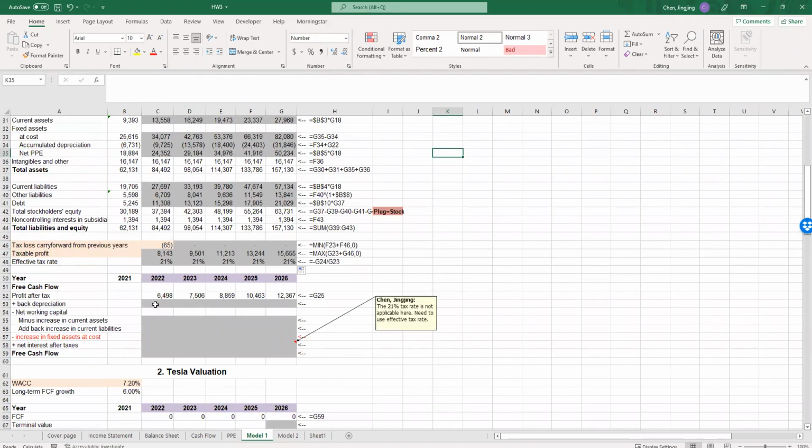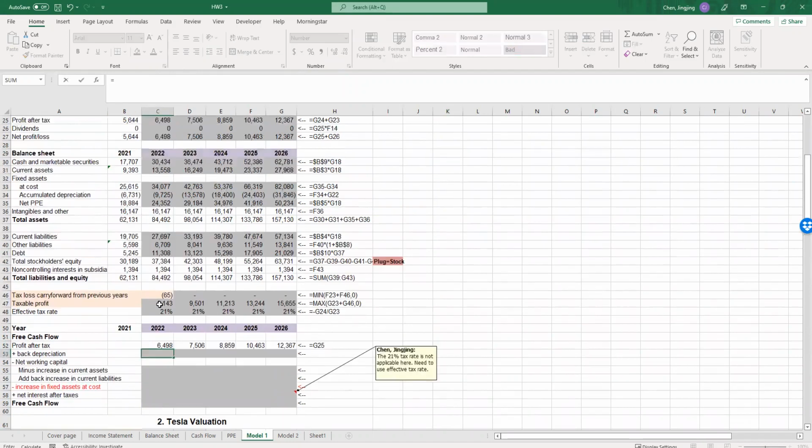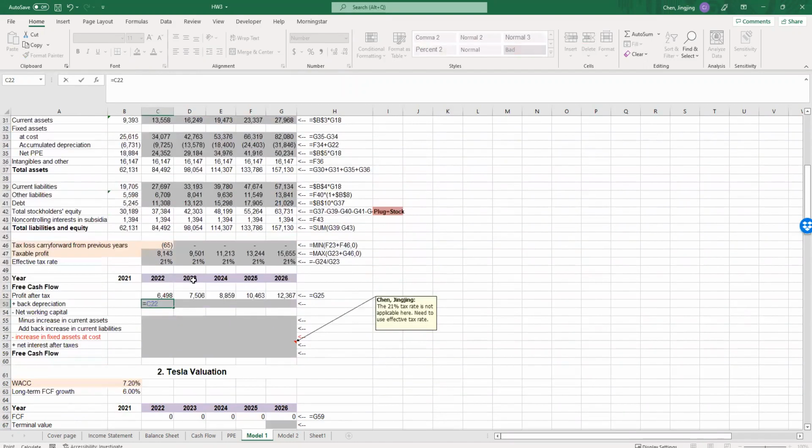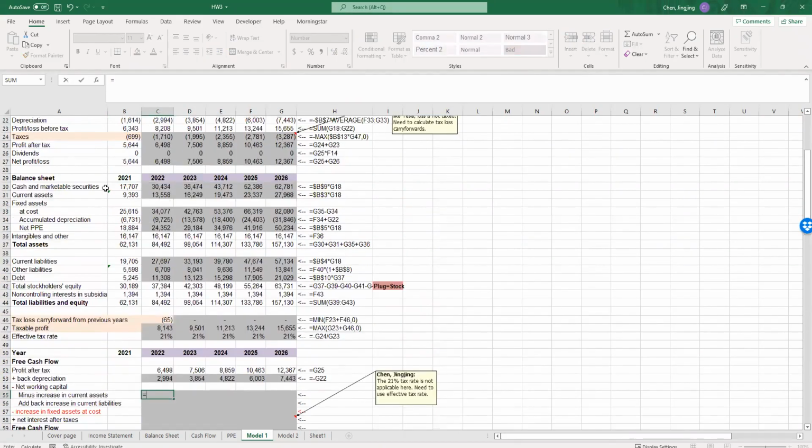I can move on to calculating free cash flow. Add depreciation back. Depreciation minus increase in current assets equals current assets is here.